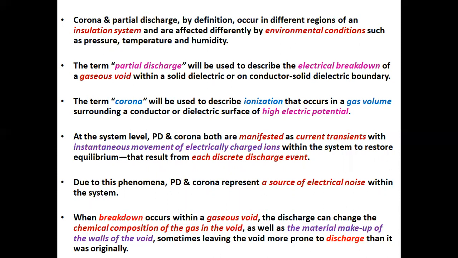When breakdown occurs within a gaseous void, the discharge can change the chemical composition of the gas in the void, as well as the material makeup of the walls of the void, sometimes leaving the void more prone to discharge than it was originally.